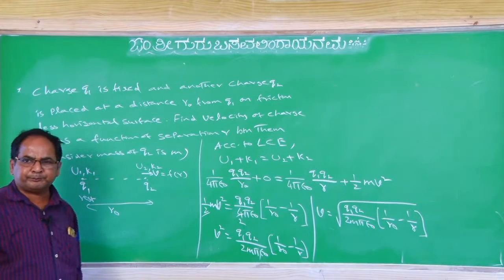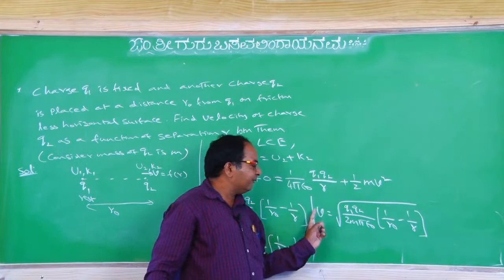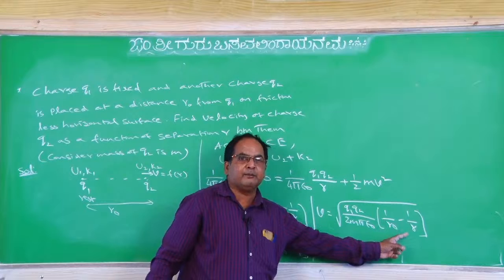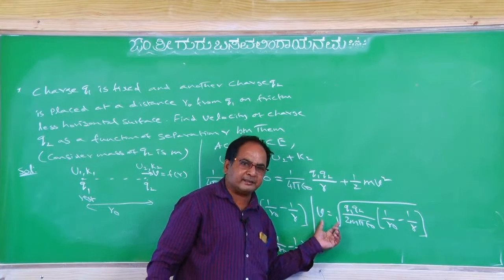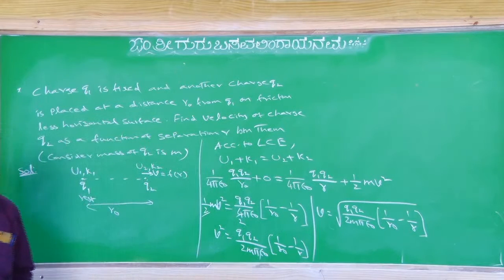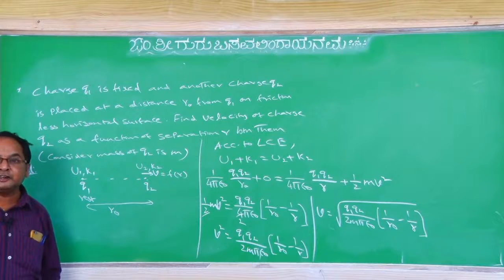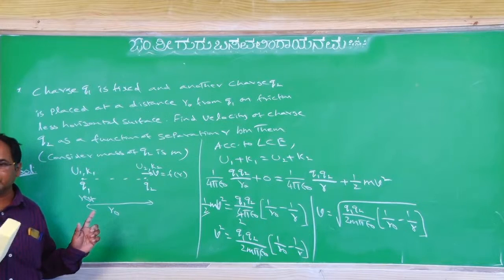This velocity at separation r only we are considering. If r changes, then automatically v changes. For the particular expression you should not apply summation. Why? Sigma means those are adding, and these are not like that. These are instantaneous. For a particular r, v has a particular value.